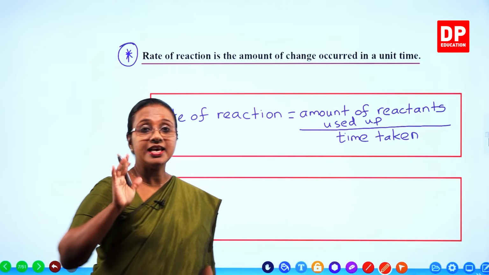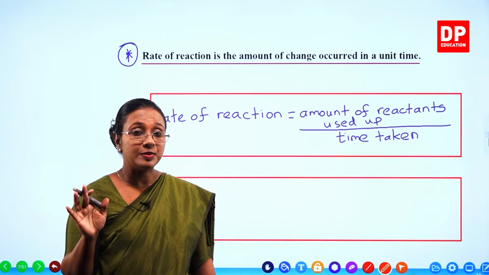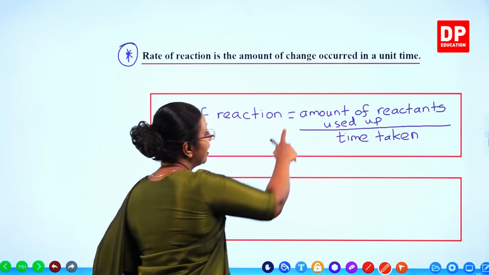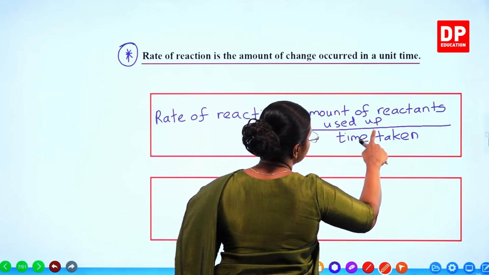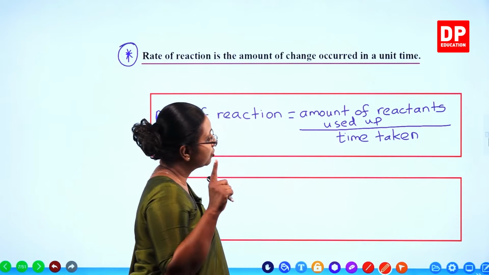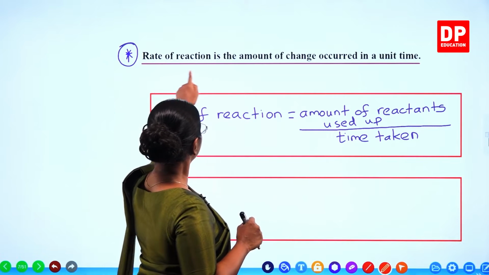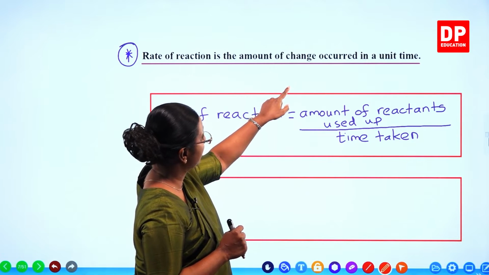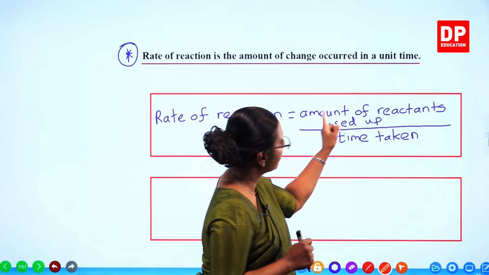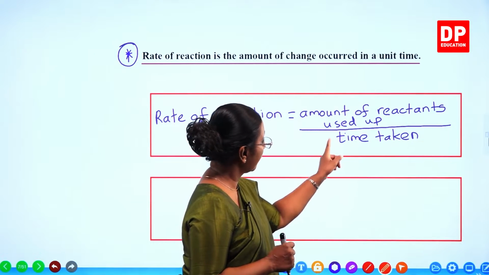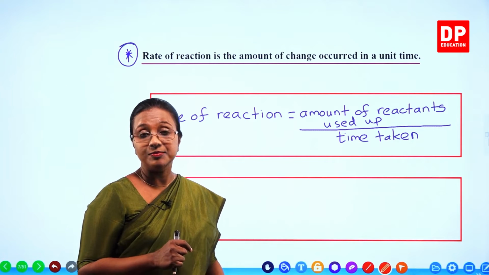I always said, if it is a rate, if it is a speed, we always consider it for a unit time. So that is why amount of reactants used up in a unit time. To find that, we divide it by time. Here you can see rate of reaction is the amount of change, so the amount of change is the amount of reactants used up, occurred in a unit time. So we divide it by time taken.